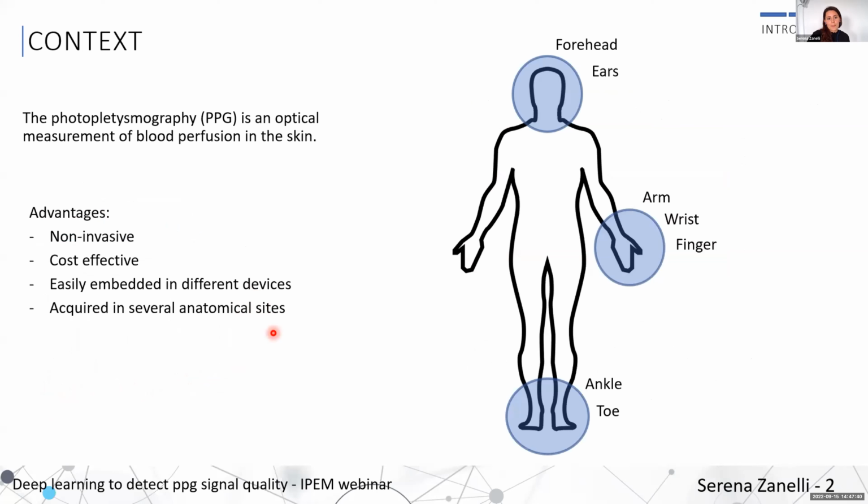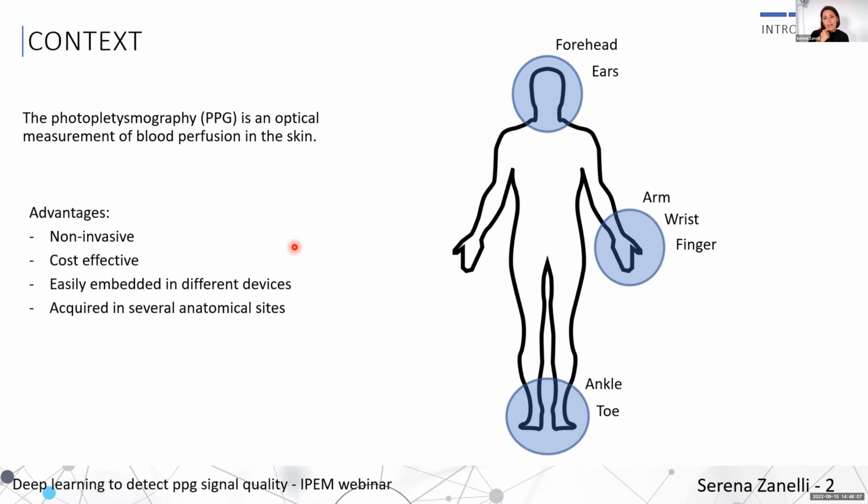So PPG is a non-invasive technology since it uses an LED and a photodetector. It's cost effective because the hardware is not expensive at all. It is easily embeddable in different devices. Nowadays, we can find it in smartwatches, wristbands, sport trackers, and in addition, it can be acquired at several anatomical sites.